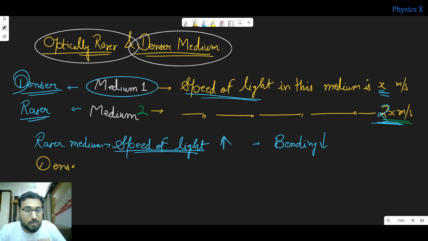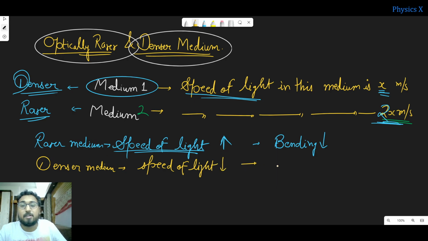In the denser medium, compared to the rarer medium, the speed of light will be less, and the bending will be more. This is an important concept you need to understand: bending is more in the denser medium.